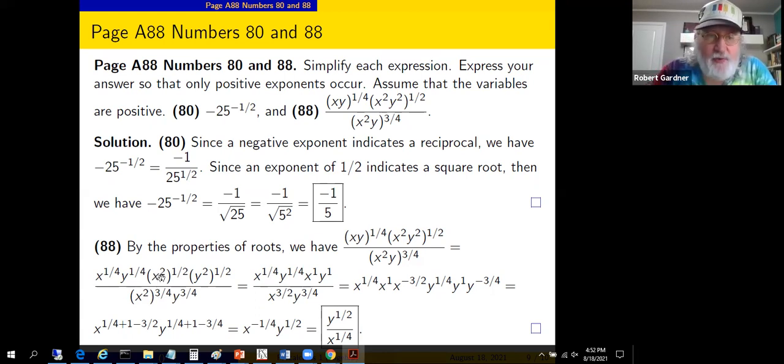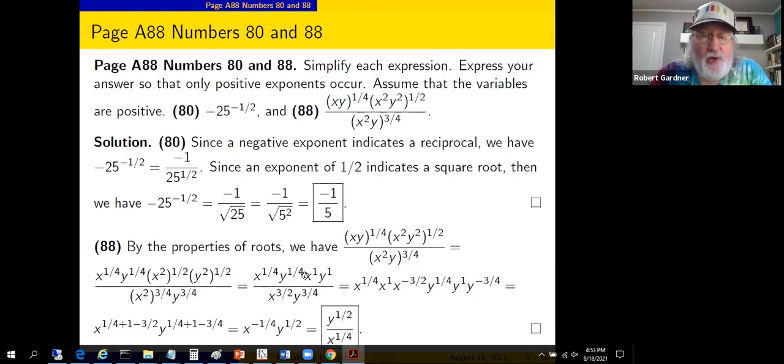Let's go one step further. Under these circumstances, properties of exponents, you multiply. So we get x squared to the 1/2 power. That would produce x to the 1 power. Actually, that'd produce the absolute value of x. But they've given us this loophole that all the variables are positive, so no absolute values are necessary.